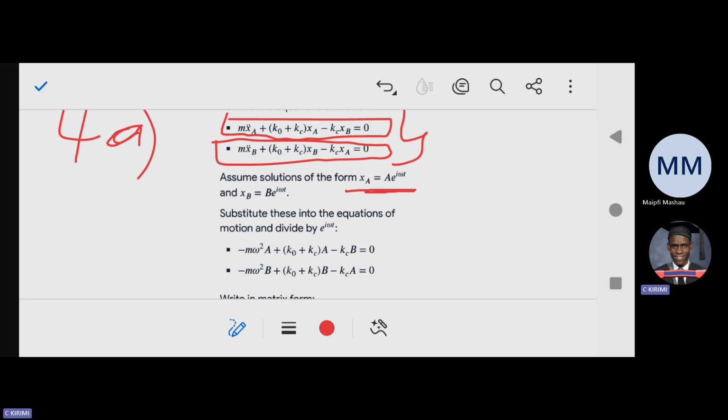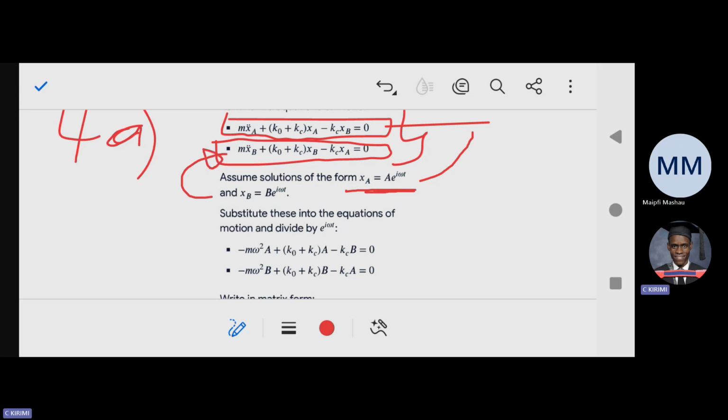So XA is satisfying the first equation for A. It's the solution for the first equation, and XB is this one, which is satisfying that equation.